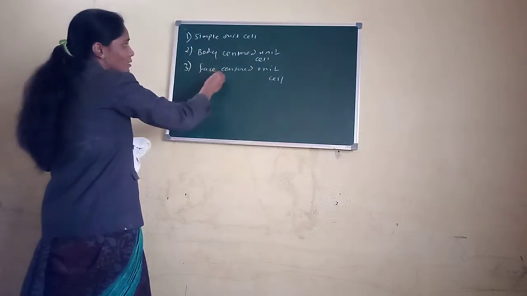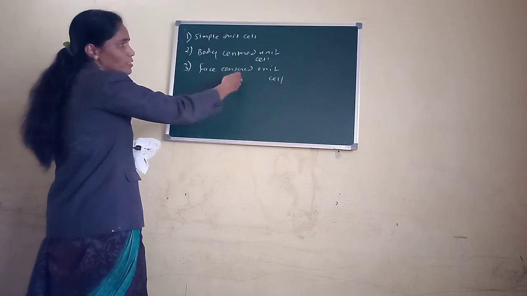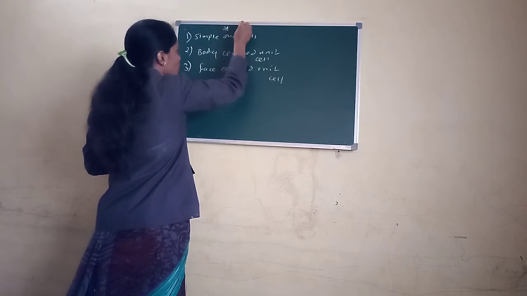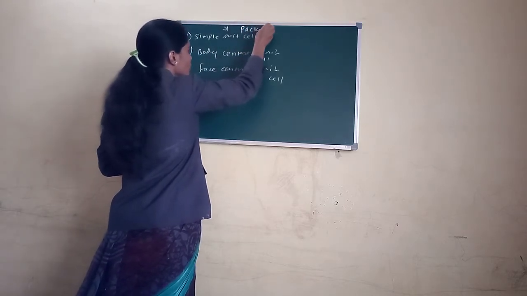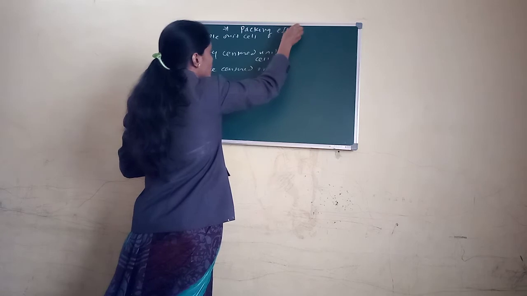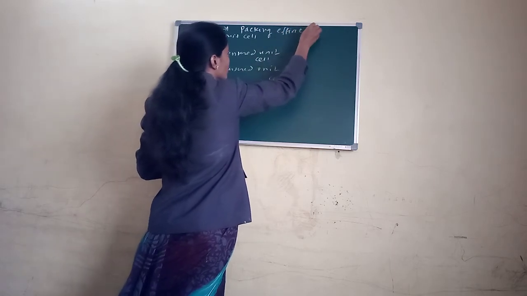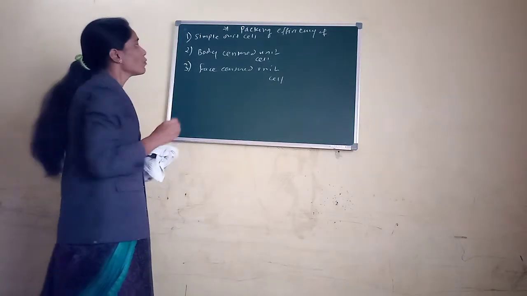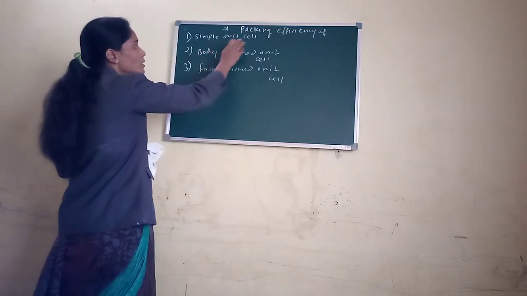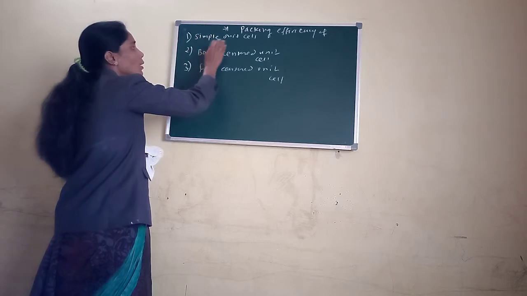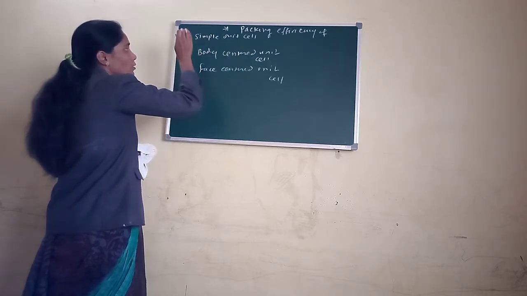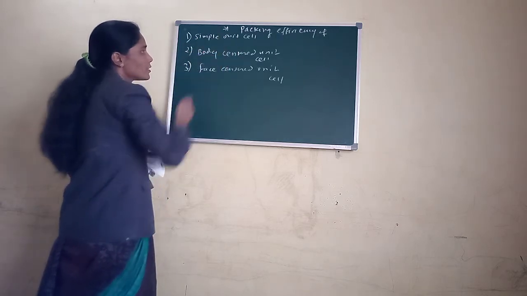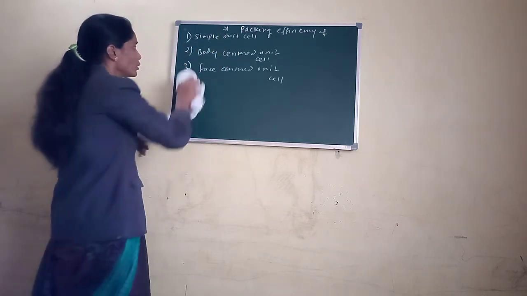The packing efficiency of these three types of unit cells is different from each other. First, we start with the simple unit cell, that is, the empty space or voids in the simple unit cell.